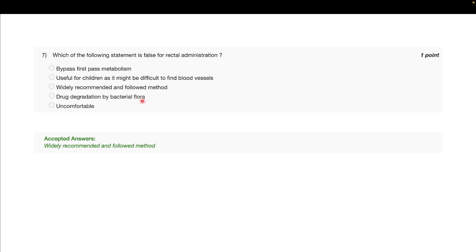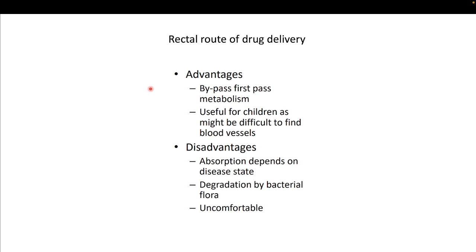Drug degradation by bacterial flora could happen because a lot of bacterial flora is lining your rectum, so if you deliver drugs through that route, the drug might get degraded. And of course it's very uncomfortable. So the only option that does not fit is that it's a widely recommended and followed method, which it is not. As you might imagine, it's a very uncomfortable route of delivery. Clear?